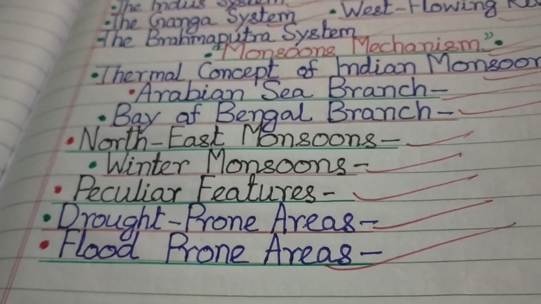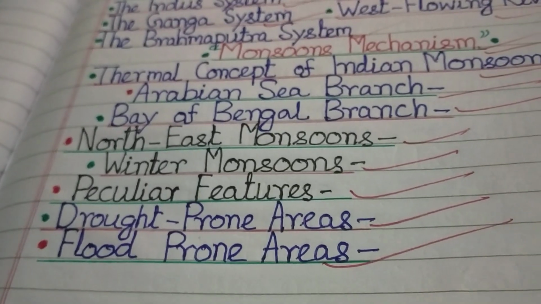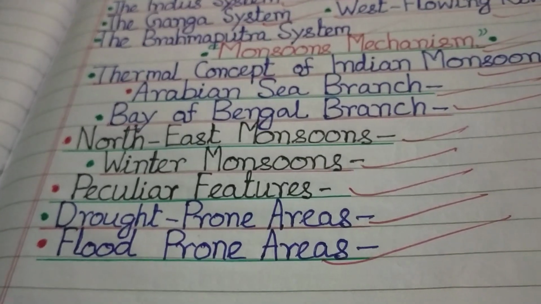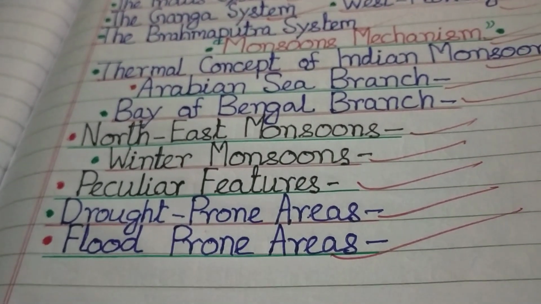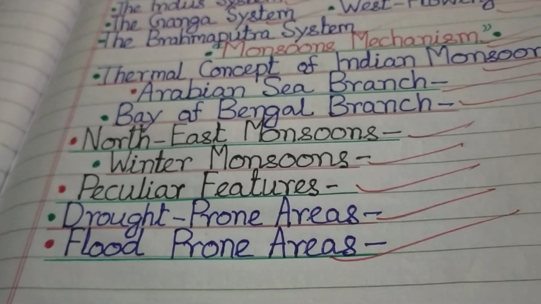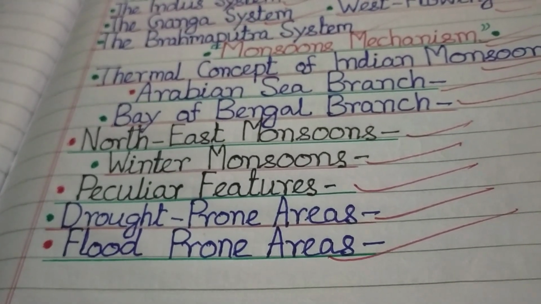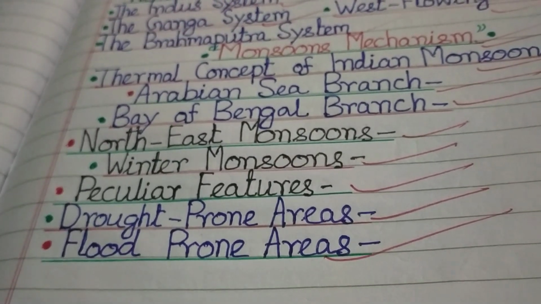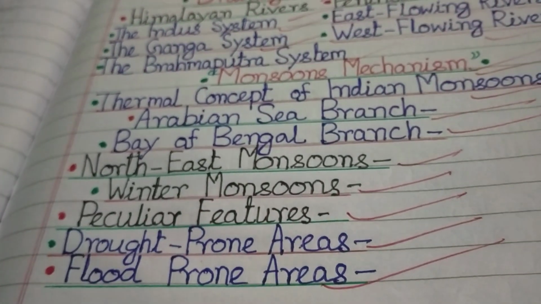Secondly, severe drought conditions prevail over 42% of the total drought-prone area. These areas are the leeward side of the Deccan Plateau, Rayalaseema, and Telangana regions of southern India, and the Marathwada and Vidarbha regions of Maharashtra.